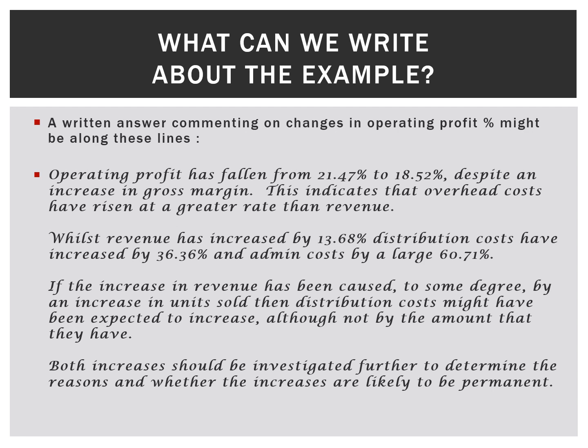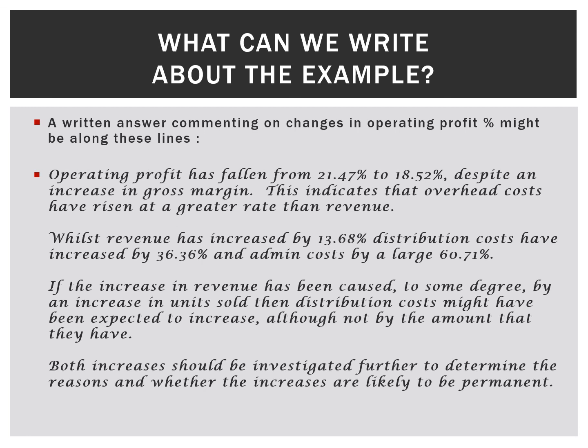And as I say there, revenues increased by 13%, but distribution costs by 36% and admin costs by a large 60%. And then suggesting that perhaps there is some justification for the rise in distribution costs if indeed the increase in revenues is a result of increased units being sold.